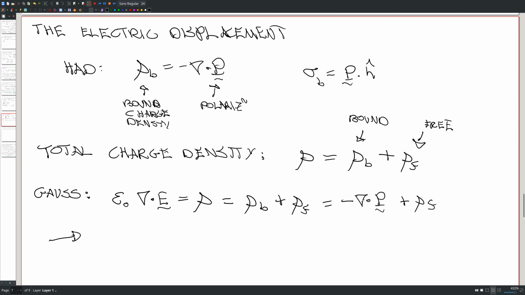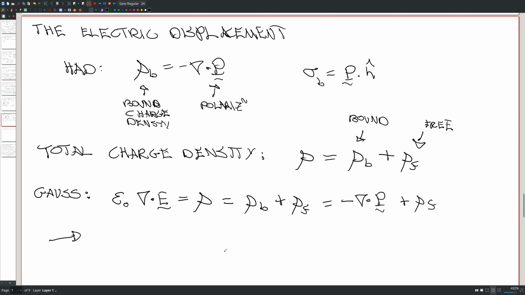The polarization is a result of the presence of these free charges, and the electrostatic field itself comes from both the direct field coming from the free charges, but also the field coming from the polarization, which itself comes from the free charges. So we are led to rewriting this equation.